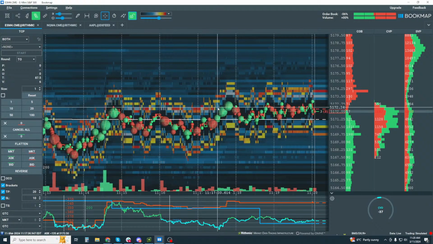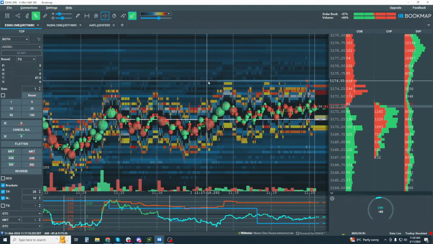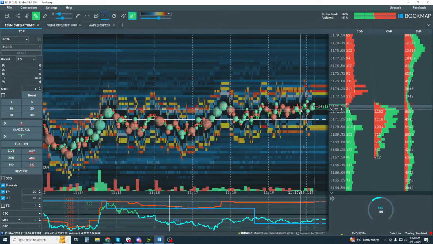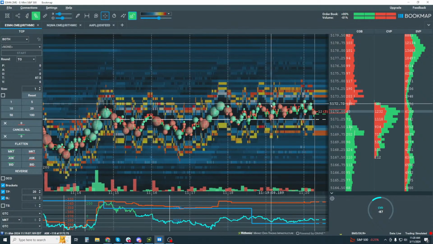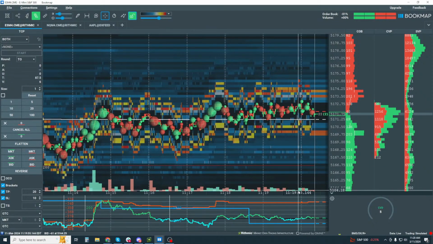So what is it telling us in this structure? There's actually a bit more buying, so maybe we will see a move up a bit further here. Yeah, this is really not that clear though, right?